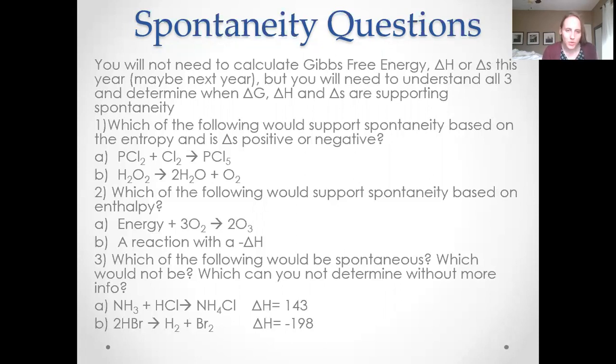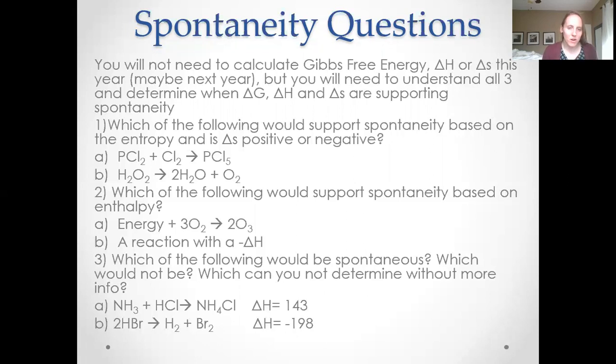Question number 2 says that energy is a reactant, which is an endothermic reaction. Endothermic reactions have a positive delta H, which favors non-spontaneity. The second reaction, 2B, says that it has a negative delta H, which favors spontaneity. That would be an exothermic reaction.